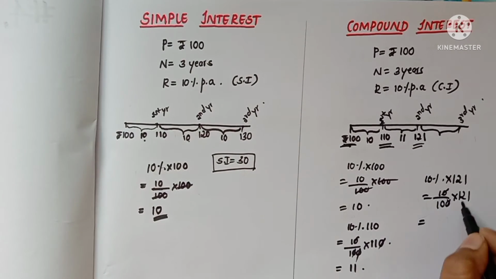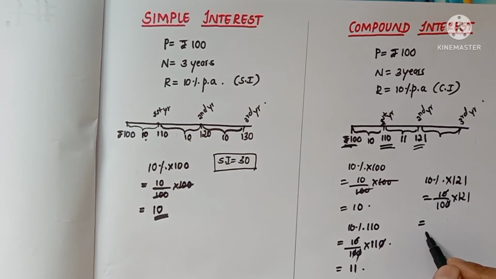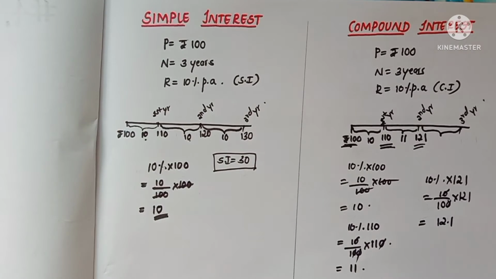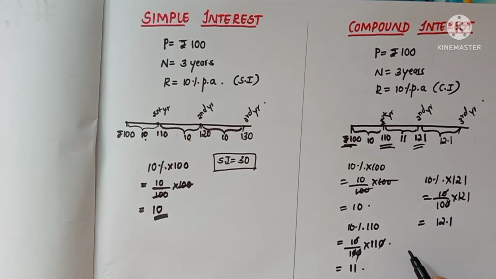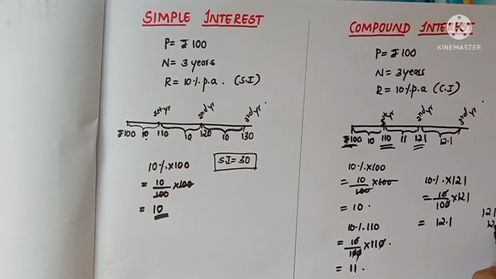0 gets cancelled. 121 divided by 10 is what? It is divided by 10, therefore we have to move the decimal to the left side. 10 means only one digit, therefore the decimal will be here. That is 12.1. So the interest is 12.1. So, what is 121 plus 12.1?